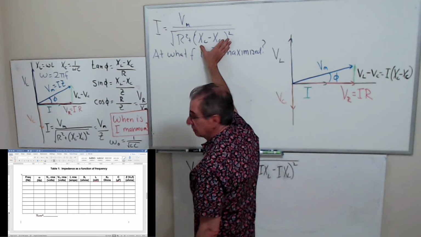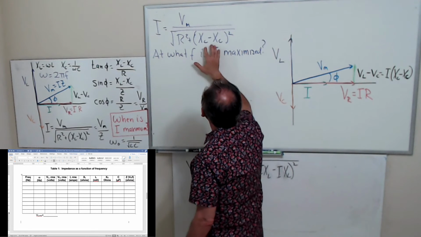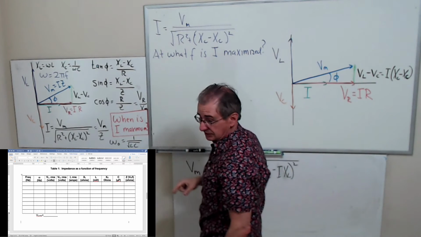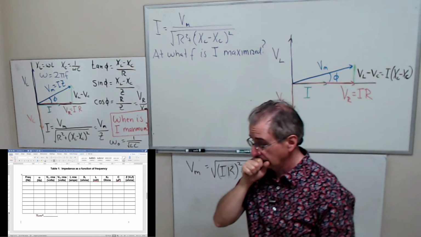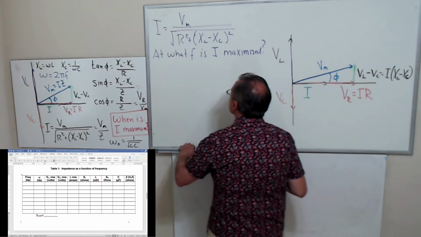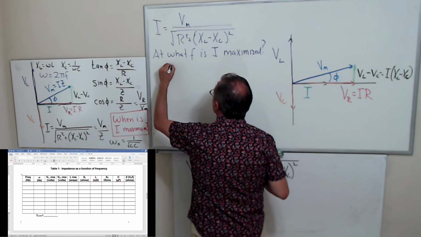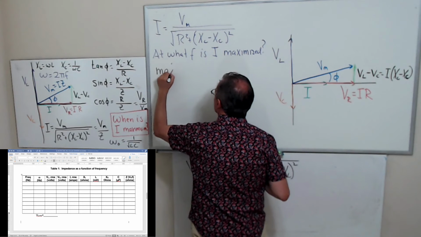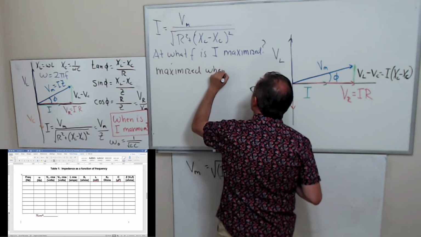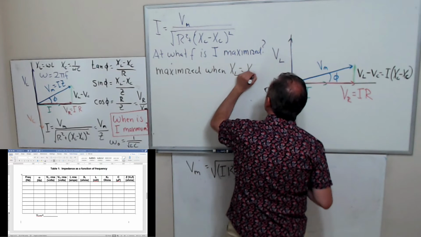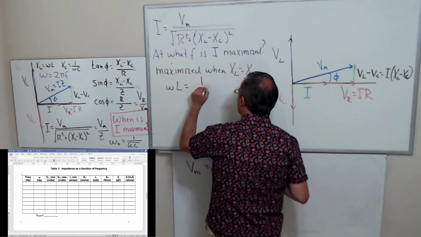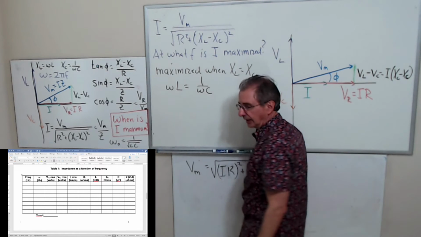If these are the only two terms that depend on frequency, R is a constant, then when this term in parentheses is 0, that function is maximized. Isn't that true? This is maximized when X sub L equals X sub C, when omega times L equals 1 over omega C.